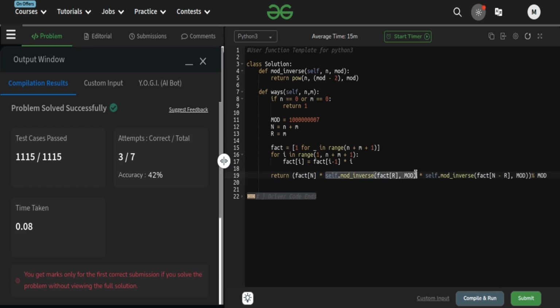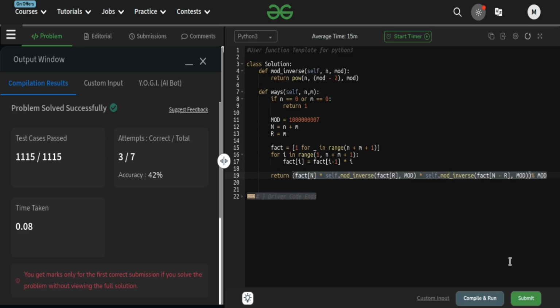Please recall from our discussion, we want to compute the inverse of r factorial. So in order to compute the inverse of r factorial, all we have to do is r factorial to the power p minus 2, and then the mod operation. This is what we are doing over here. And similarly, this is n minus r factorial and the inverse, and then all these things modulo the mod operation.